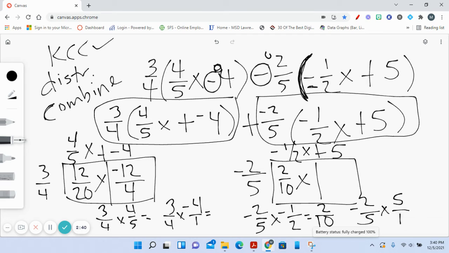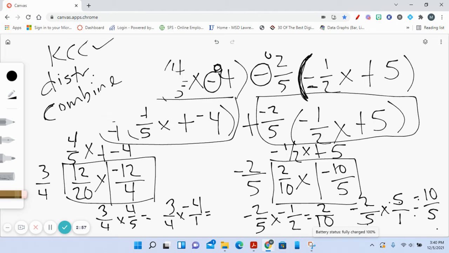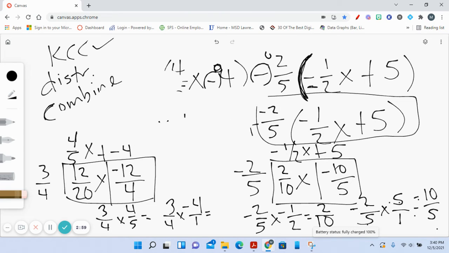Again, we can put that over 1. And we get -10 over 5. 2 times 5 is 10. Negative times a positive is negative. 5 times 1 is 5. So -10 over 5.